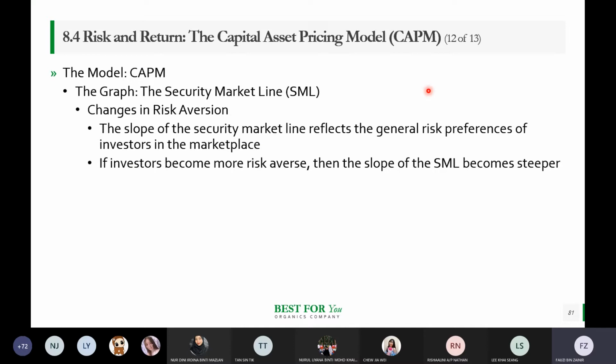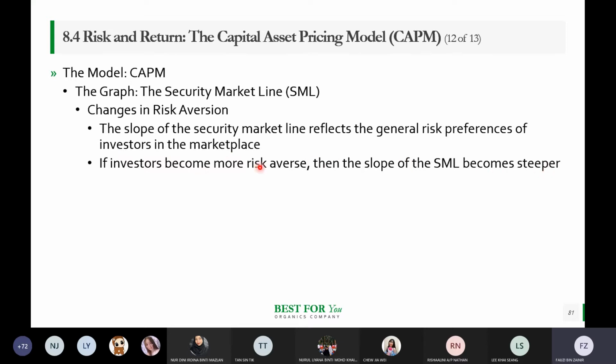Okay, let's look at change in risk aversion. So what does that mean? The slope of the security market line reflects the general risk preference of investors in the marketplace. If investors become more risk averse, then the slope of the SML becomes steeper.